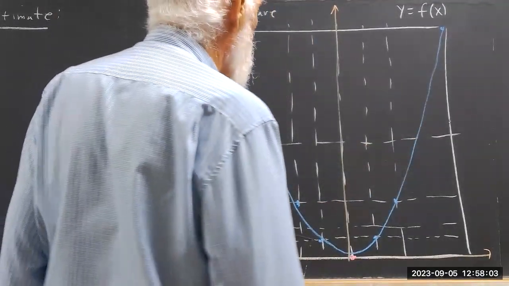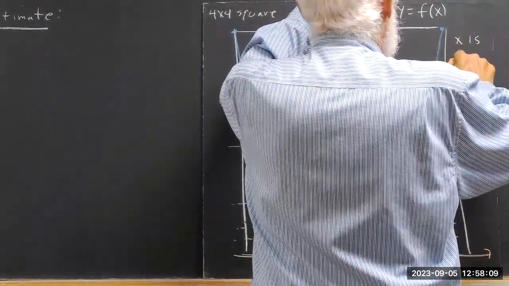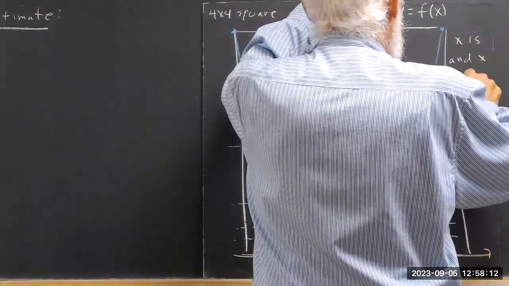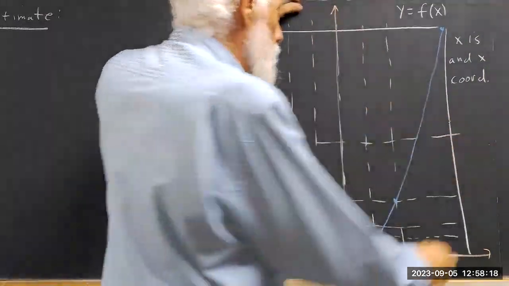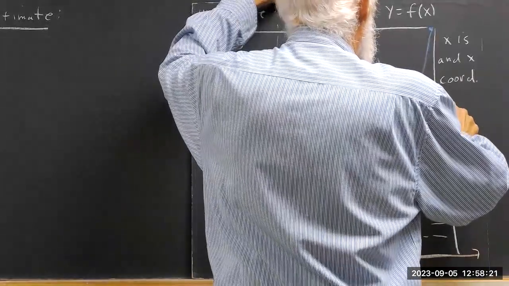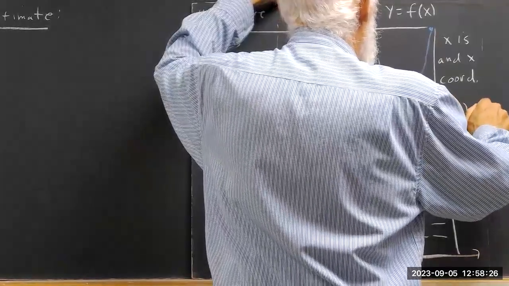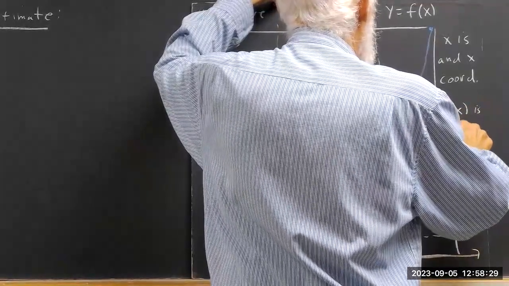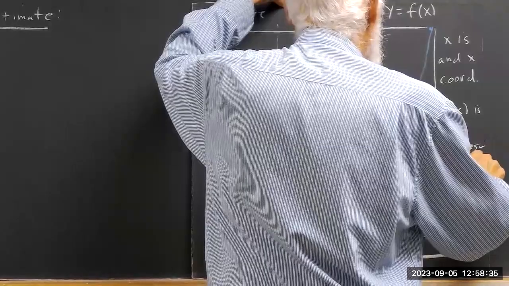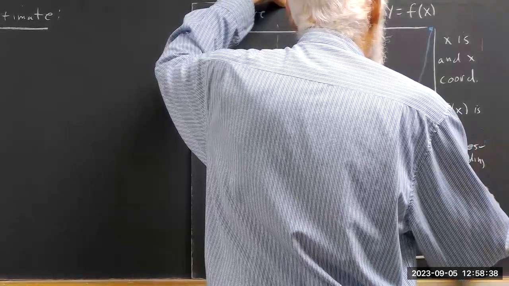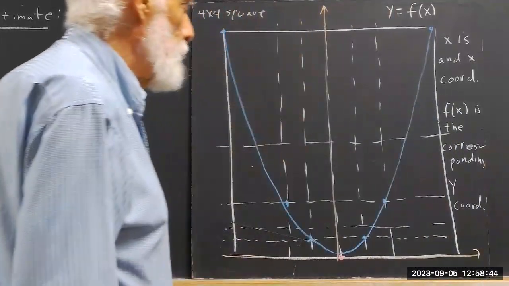So x is an x coordinate. I still got that on the screen. F of x is the corresponding y coordinate.